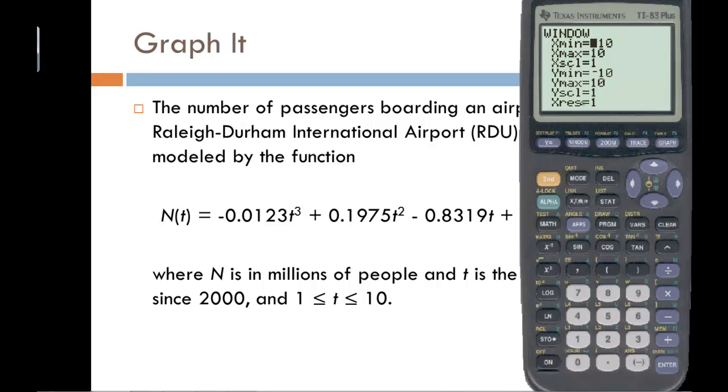Right now, this is zoom standard, which starts with negative 10 to positive 10 for both the x and the y. We do know that we have a restriction already for our domain, that it has to be from 1 to 10. So this first value, x min, can be a 1. Now we don't know what the y values are.